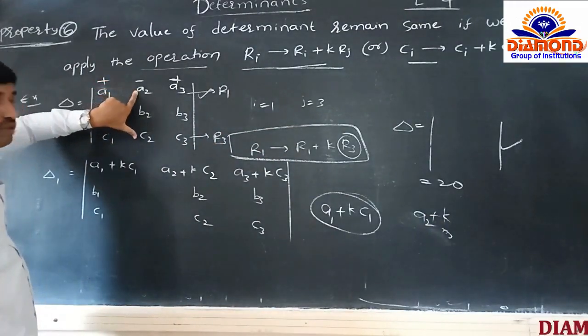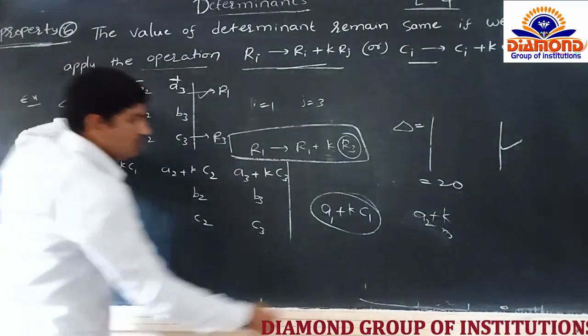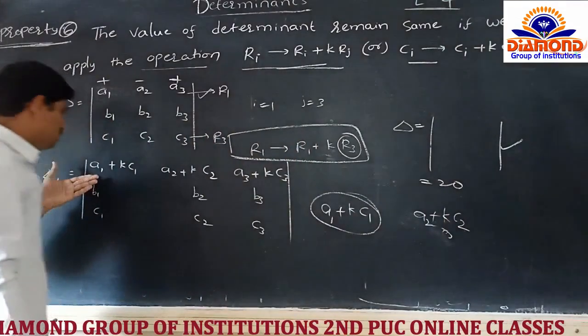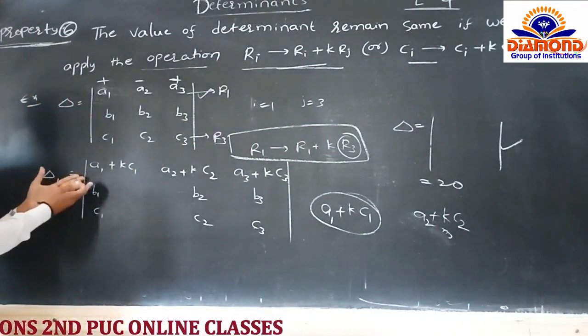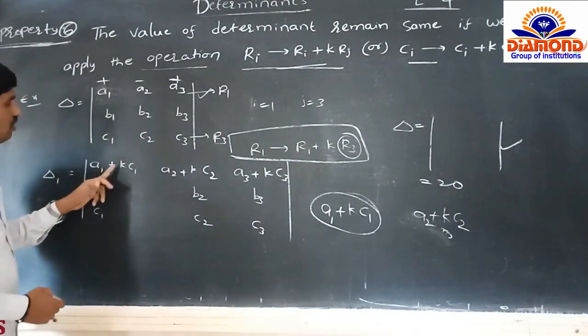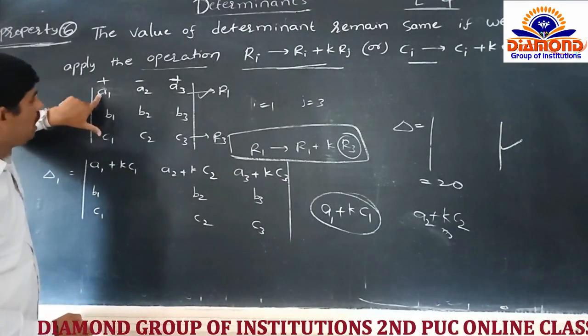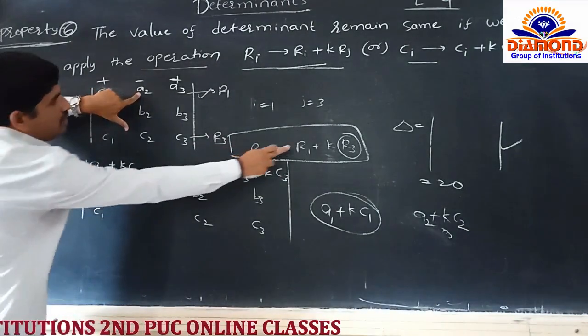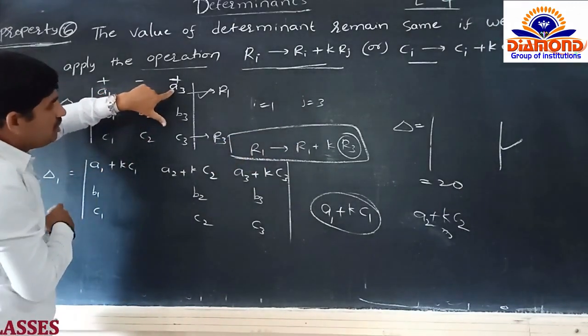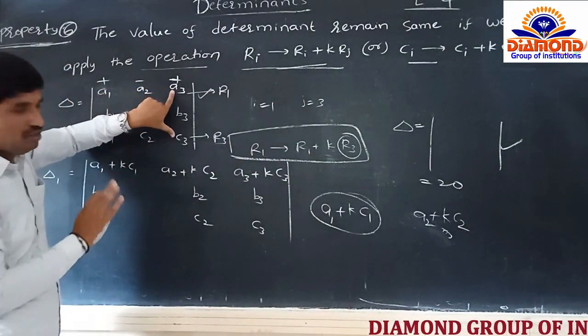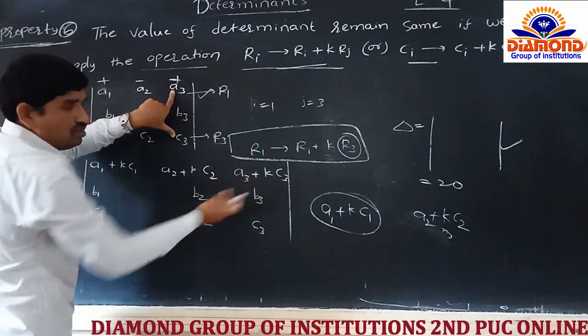Corresponding to A2, what is present in R3? That is C2. So we get A1 plus K into C1, A2 plus K into C2, and after that A3 plus K into C3.